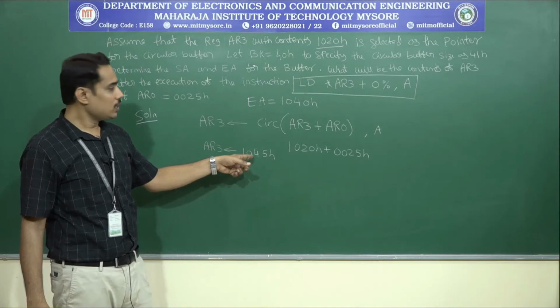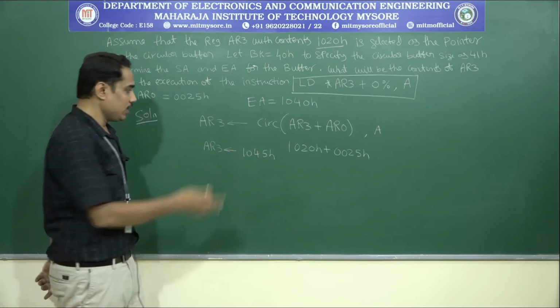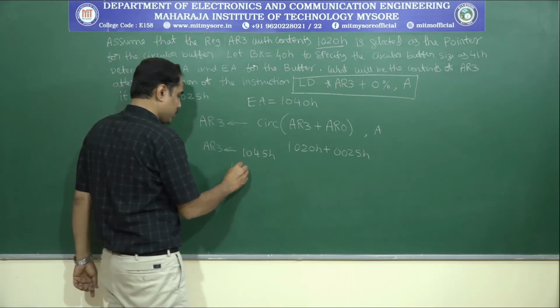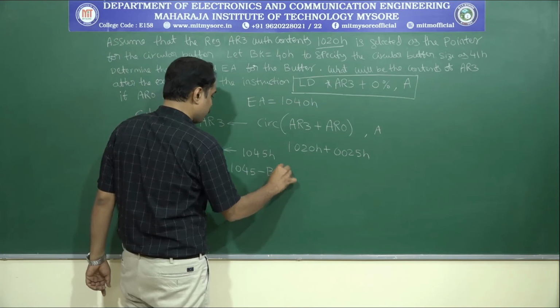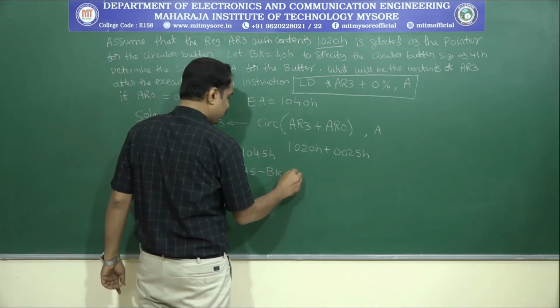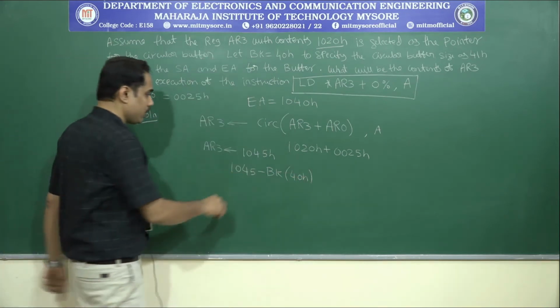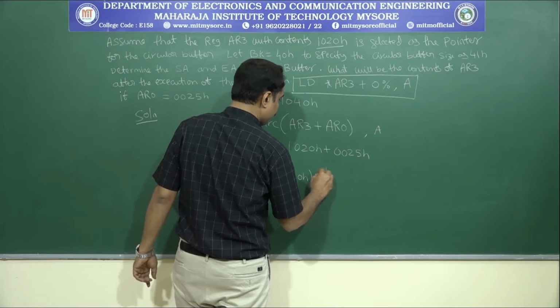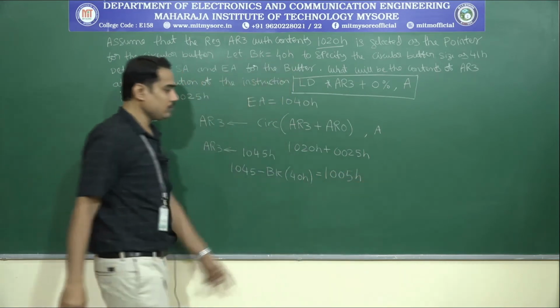Since the updated value is exceeding the end address, what are we supposed to do now? We are supposed to subtract the value of BK. So we have to subtract from 1045H the BK value, which is 40H. If we subtract, then we are going to get 1005H.